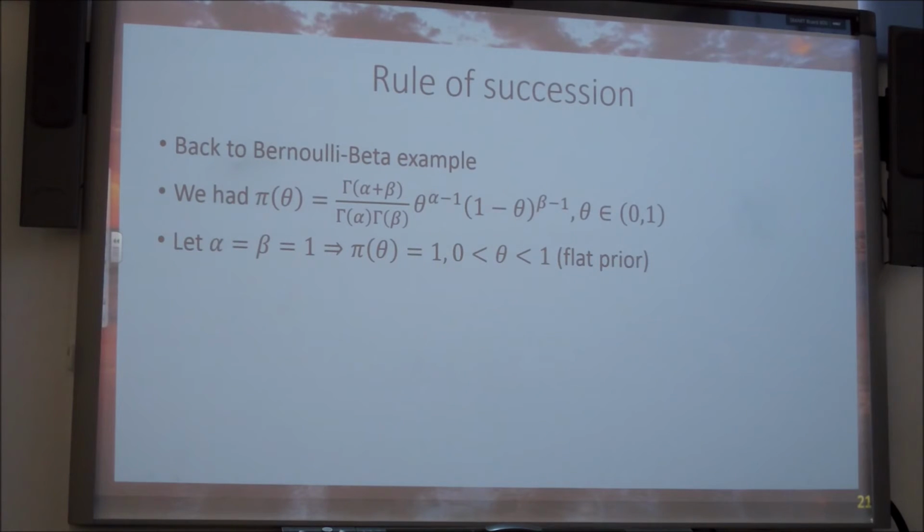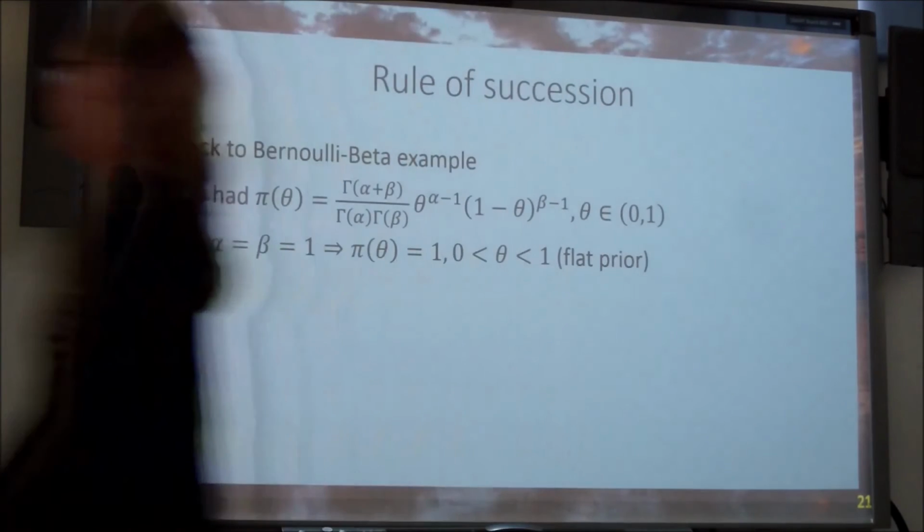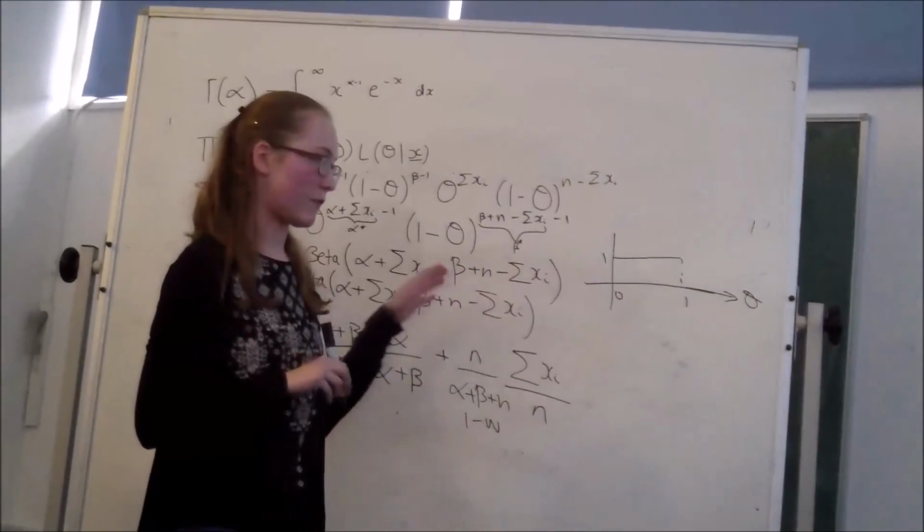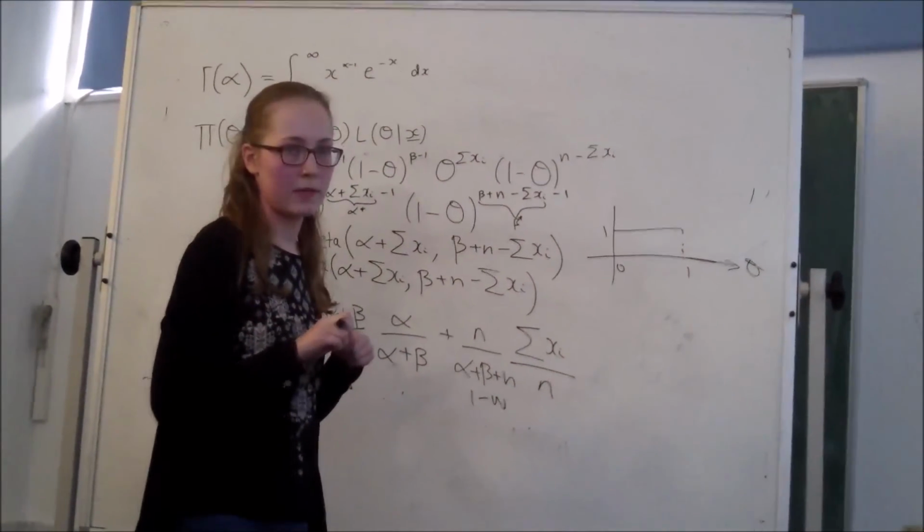And then the gamma term, you have gamma of 2 over gamma of 1 times gamma of 1, and you have to take my word for it that those are all 1. So you just end up with 1. So it's a flat prior, so it looks like this: theta is between 0 and 1, and we're saying that no value of theta is preferred over any other, that they're all equally likely.